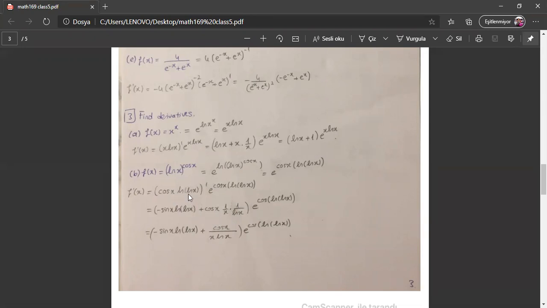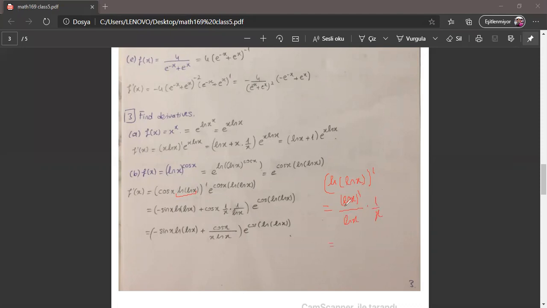Let me think if I did this right. I made a mistake there, I guess. Let's try together. So here we have ln of ln x, right? We want to find this one's derivative. So first, this one's derivative is ln of x's derivative over ln of x, and now the inside function's derivative, which is 1 over x, right?